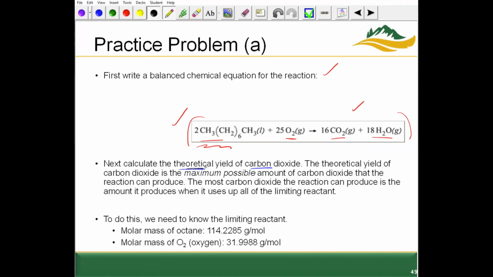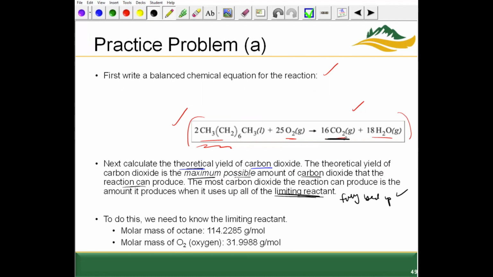The theoretical yield is the maximum possible amount of CO2 that can be produced from the reaction. This amount will be dictated by the limiting reactant being fully used up. It has to be fully used up to produce the maximum possible amount of carbon dioxide.